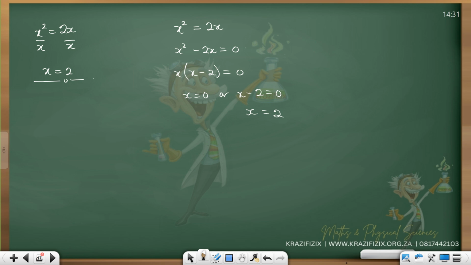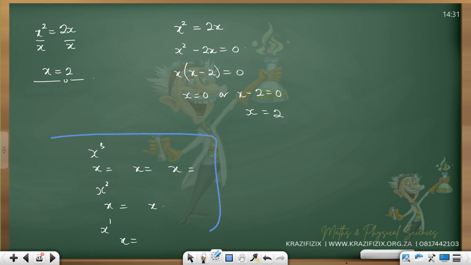The highest exponent tells me how many solutions I should have. If I have x cubed, then I should have 3 solutions. If I have x squared, then I should have 2. If I have just x, then I should have just one. I hope that makes sense.